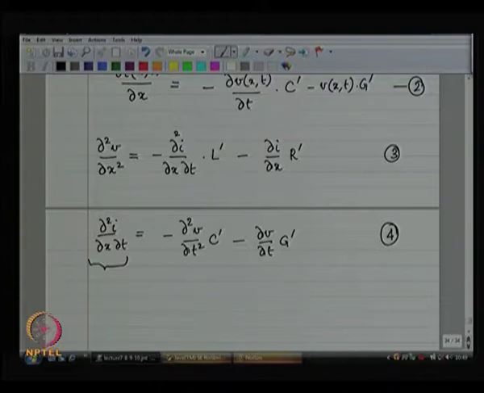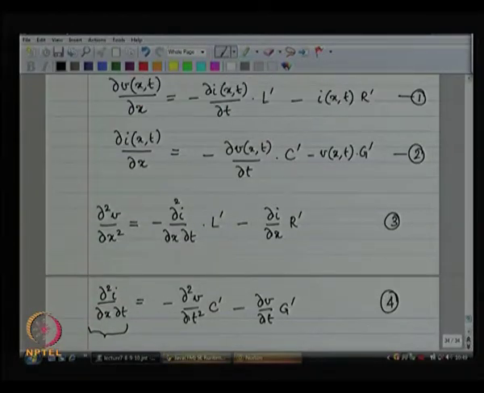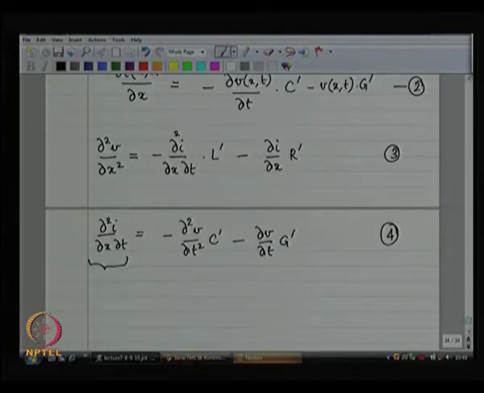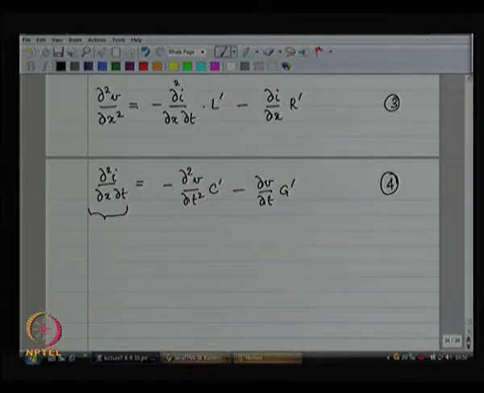Equation 2 gives me dou I by dou x purely in terms of voltages, and equation 3 is something which is mixed up. So, I am going to replace each term in equation 3 and make everything purely in terms of voltages. So, what I am going to get is something like this.